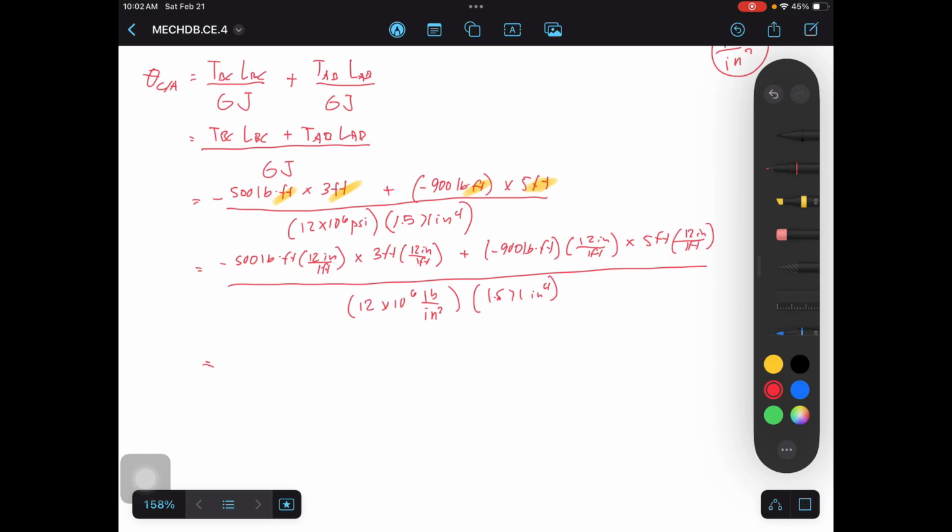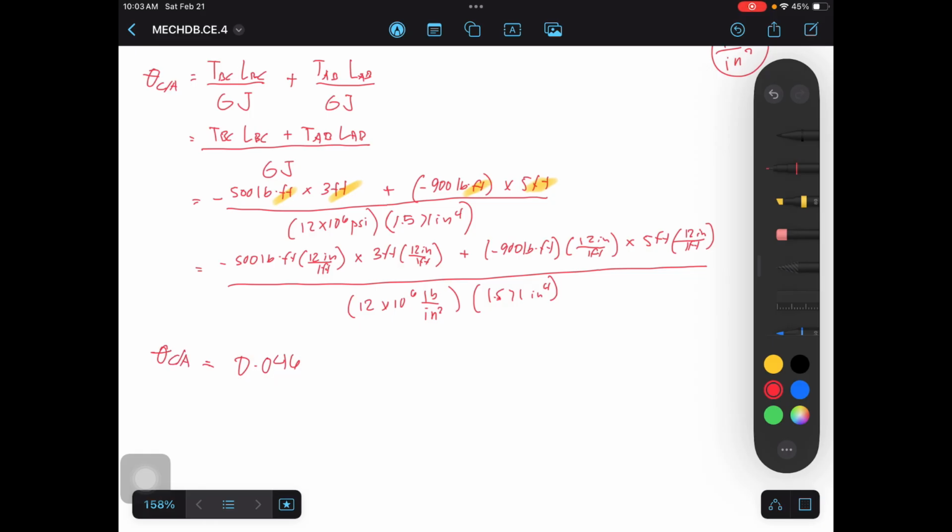So our answer is 0.046. So ito yung nakuha nating theta from point C hanggang point A.